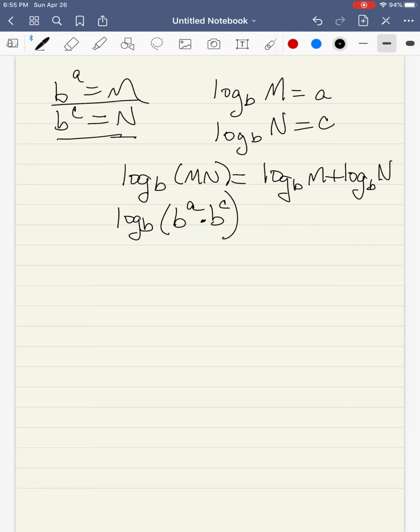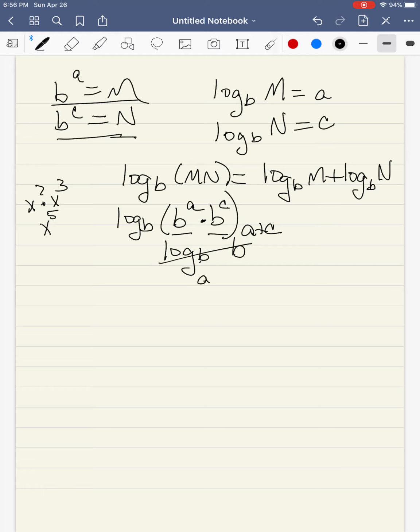Now, these are both B's, okay? So that would be like x squared times x cubed. What do we do with the exponents? We add them, right? So that would be x to the fifth. So this would be log base B of B to the A plus C. But here, because this base and this base are the same, these cancel out.